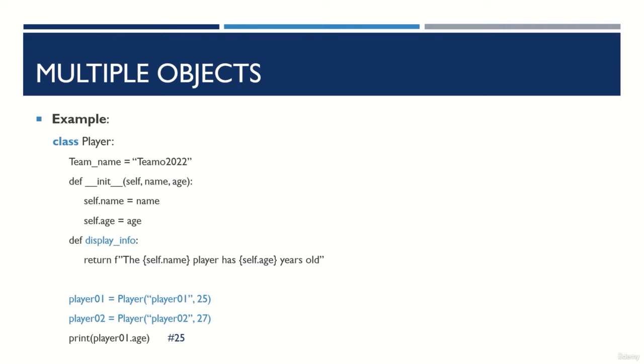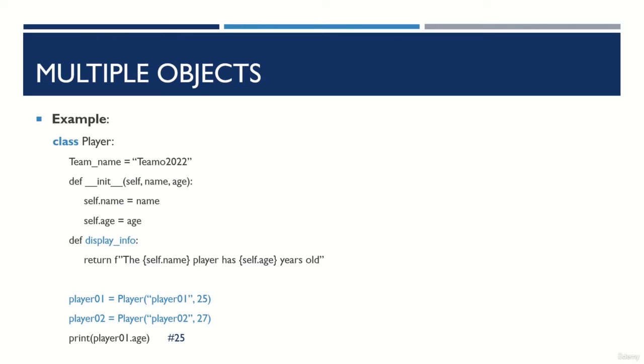The first object is called player01, and its value is an instance of the Player class, with a value for the name parameter or the name variable, and another value for the age parameter or the age variable. And the reference for this current instance or this current object is the self parameter.